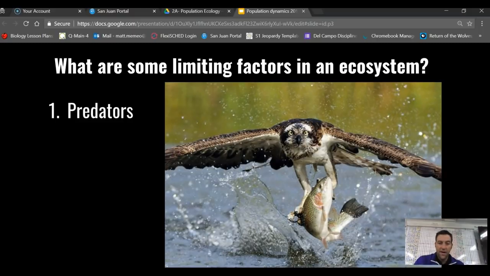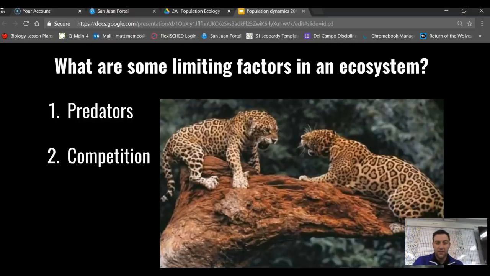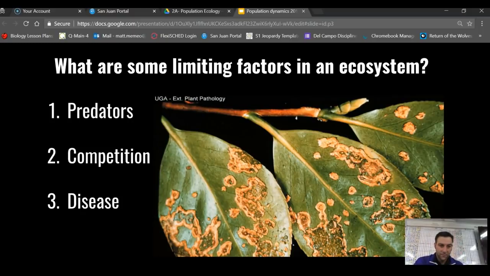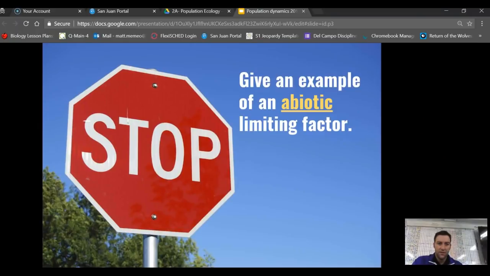That would be a biotic limiting factor. Competition is a big one, another biotic limiting factor, competition with other organisms or competition within that population. Disease. Different pathogens that can cause disease would be limiting factors for a population. So that's three biotic.